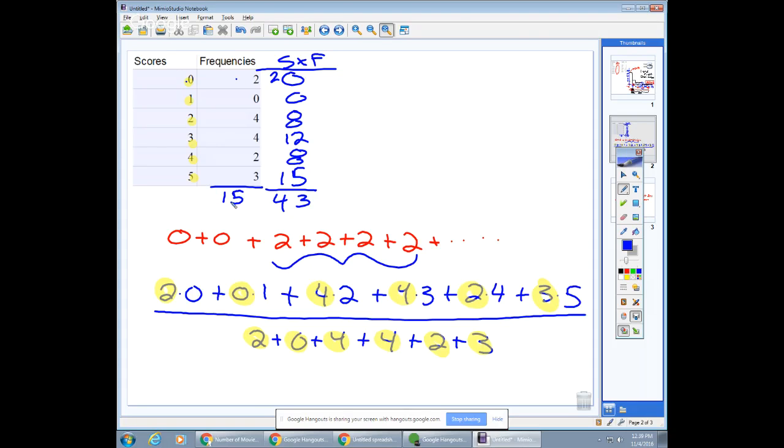Okay, so my average should be equal to 43 over 15, which is going to come up to some crazy decimal. Okay, so this equals 2.8666, and there's a whole lot of sixes.